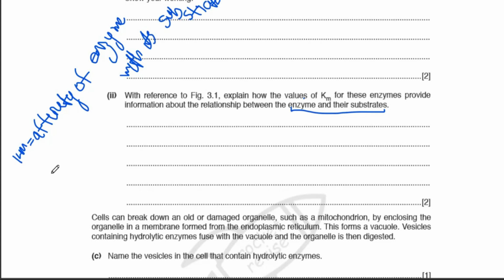And then you'll write enzyme G has low Km value, which means it has higher affinity with its substrate. So I'll get 2 marks on writing these pointers. Higher affinity.